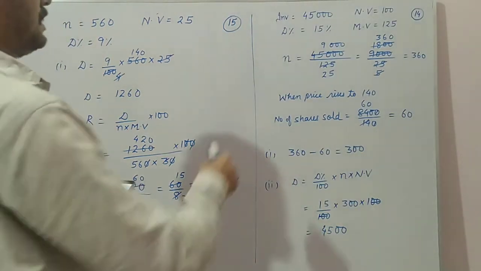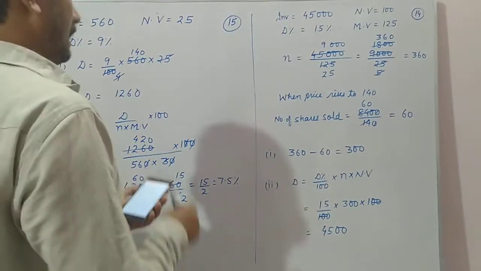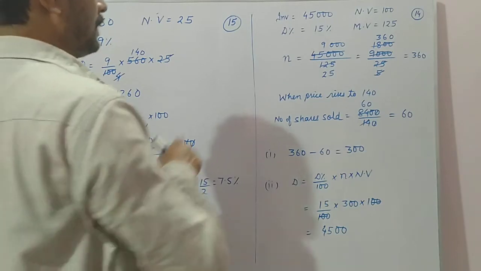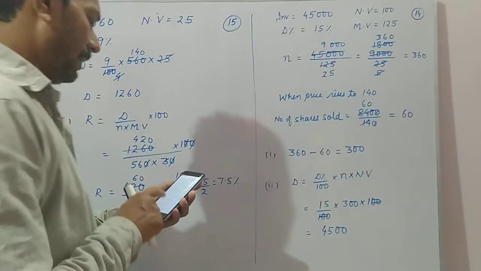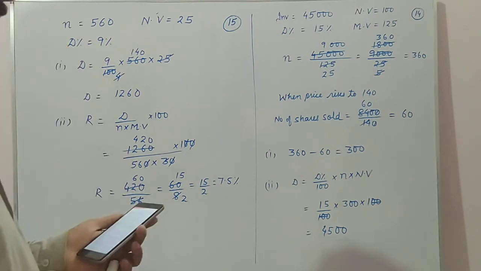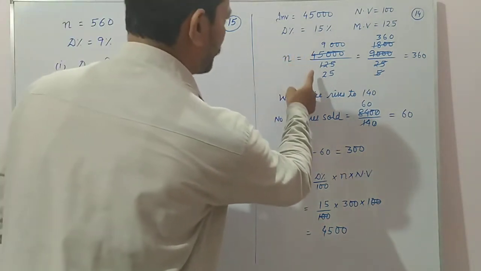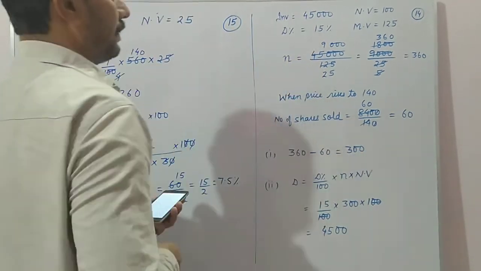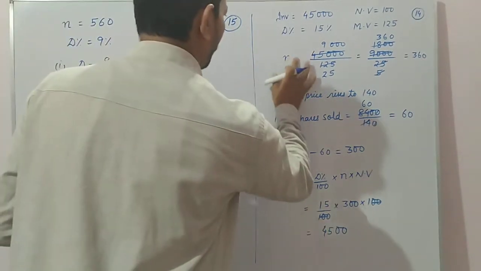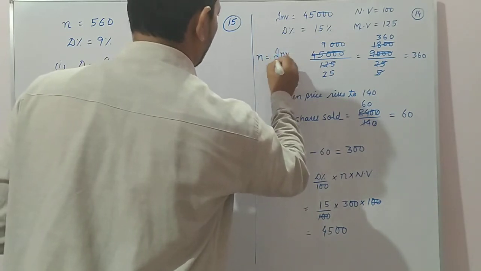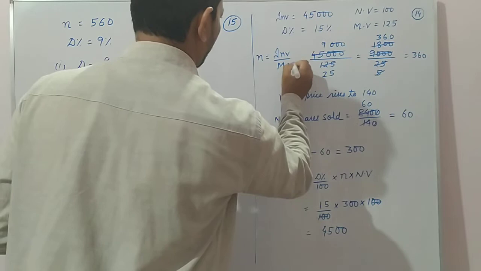Now see here, the man has invested 45,000 in rupees 100 shares, nominal value 100, quoted at 125, market value 125, and dividend percent is 15%. Therefore, the number of shares the person holds, N, is equal to investment by market value.